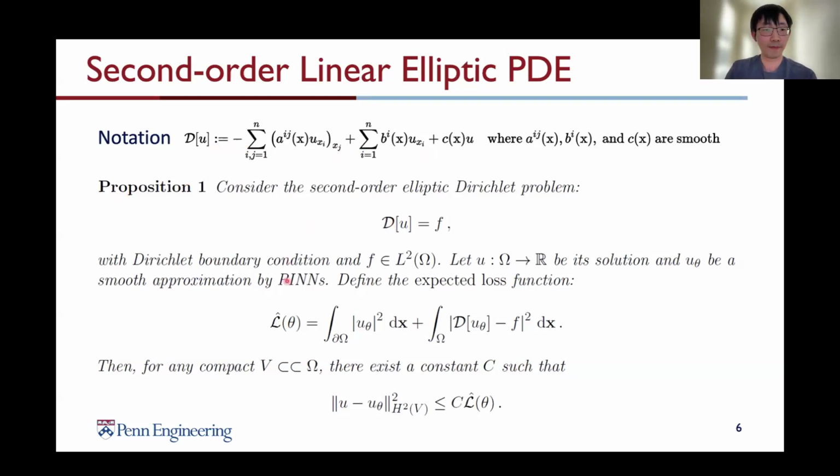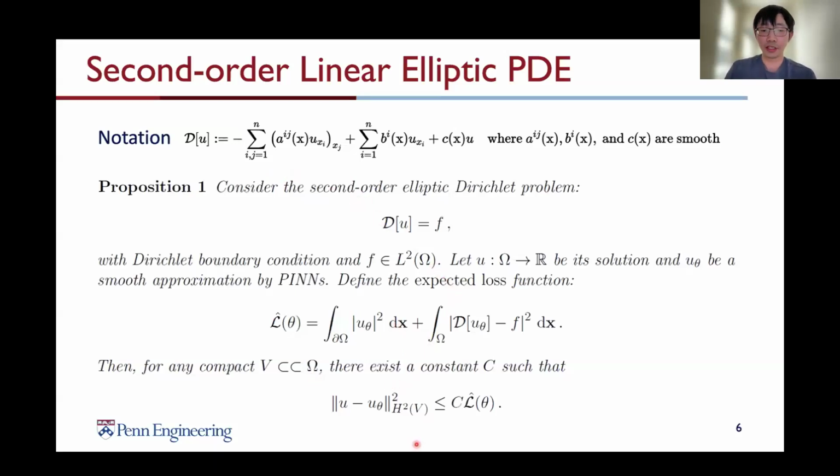Basically, if we define such a loss function in a continuous sense, we can prove this inequality holds. There are several remarks I want to give. The first thing is that this inequality is sharp in the sense that we can only get an index of 2 here given the current loss function. Why this 2 is important is because we want to take actual gradients up to the order of the PDE system.